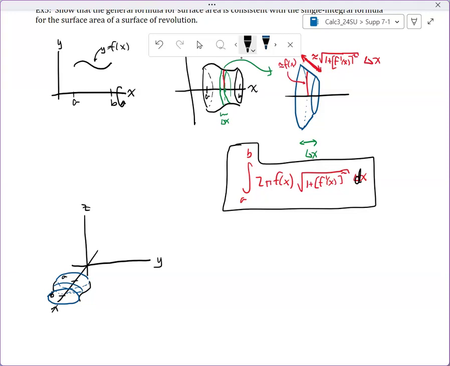All right, so a couple of things I need to figure out here. I need to figure out a domain of integration, and I need to figure out my z equals f of xy. So just to make things easy, I'm going to note that this surface area is 4 times the surface area that's in the first octant.